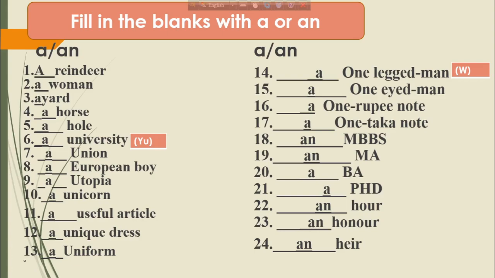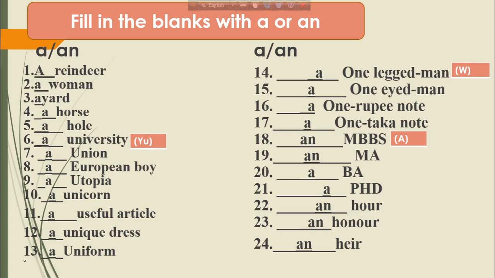So in number 18 and 19, we have two examples, MBBS and MA. These two words start with the letter M. M starts with the sound "em", which is a vowel sound, so we use an before these words. We say an MBBS and an MA.